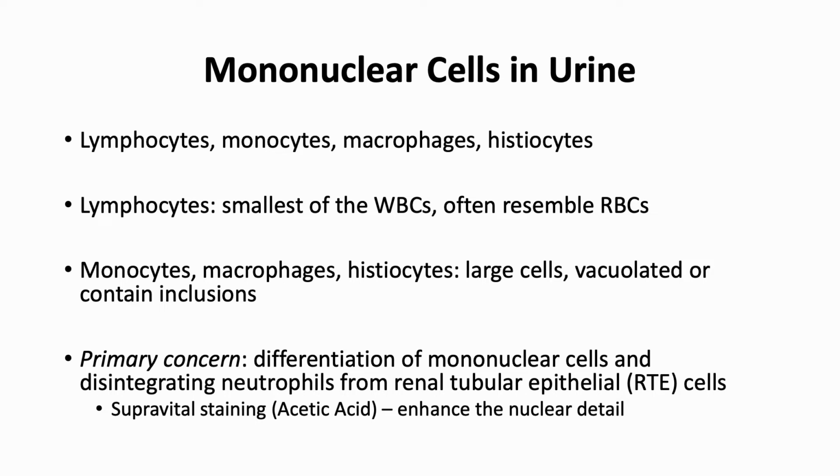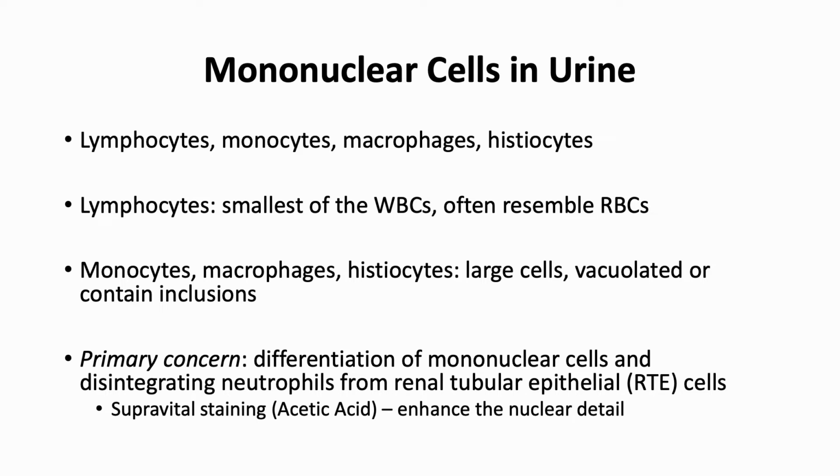The primary concern here is to differentiate the mononuclear cells from disintegrating neutrophils and from renal tubular epithelial cells. The renal tubular epithelial cells would appear to be somewhat larger than the leukocytes. They're more polyhedral in shape, and they would have eccentrically located nuclei.